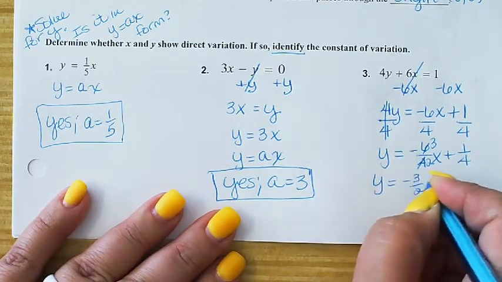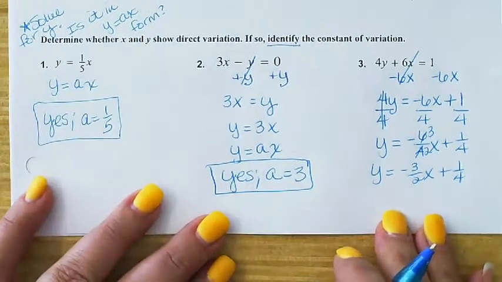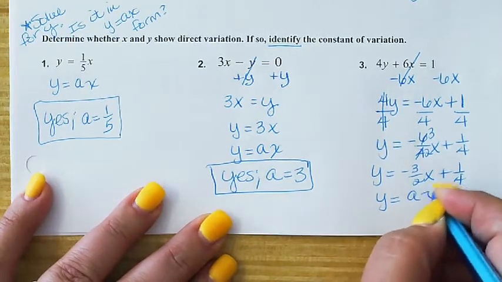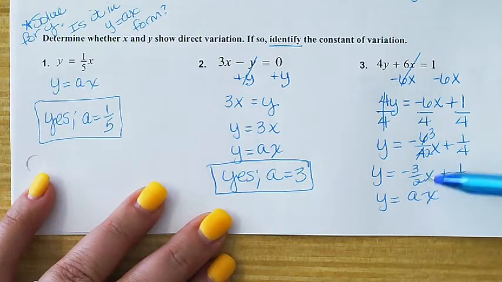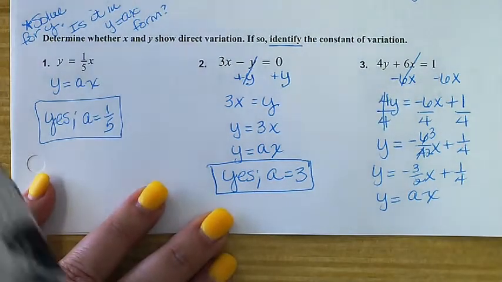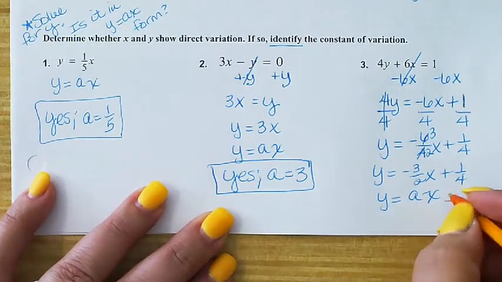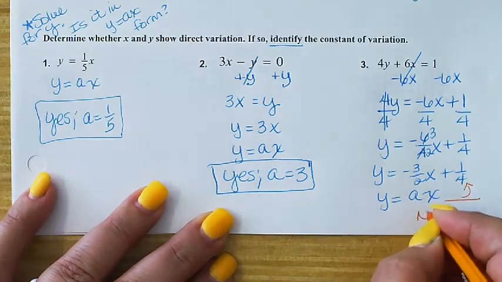So negative 3 over 2 if you reduce that fraction. Okay. But then really the big question is, is this in that y equals ax format? Well, I've got y equals a number and x, but ding, ding, ding, this is the issue, right? It's that plus 1/4. There shouldn't be anything after this, and in this problem, there is. So the answer for this one is no.